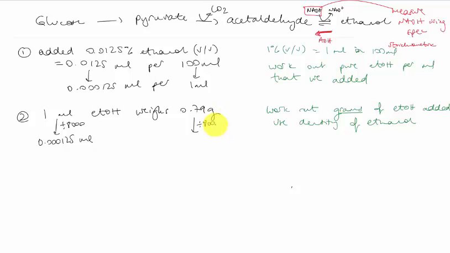So if we divide that by 8,000, we get 9.875 times 10 to the minus 5 grams. So this is the grams per mil of our starting solution. So we know that our ethanol starting solution is 9.875 times 10 to the minus 5 grams per mil.